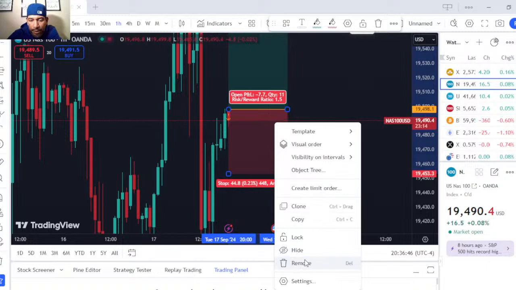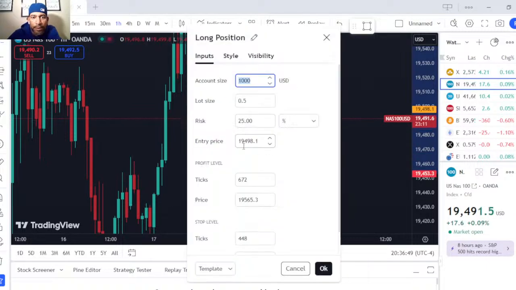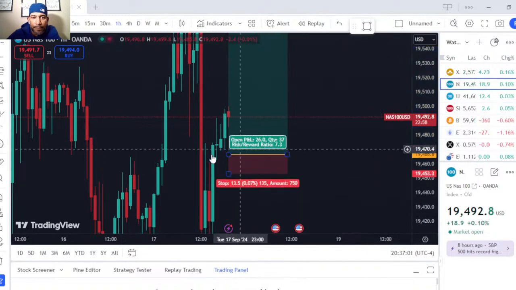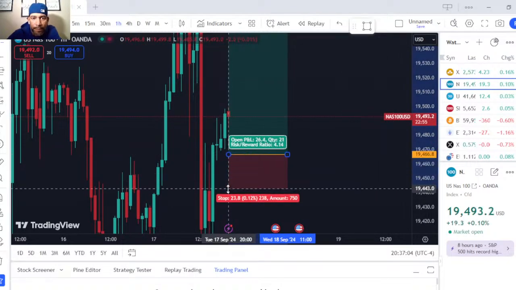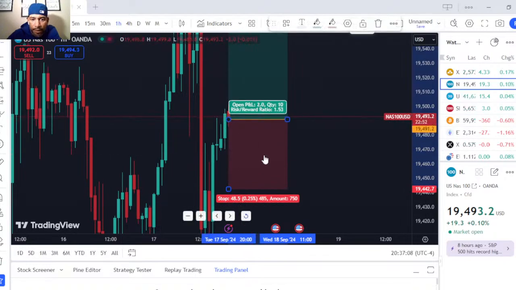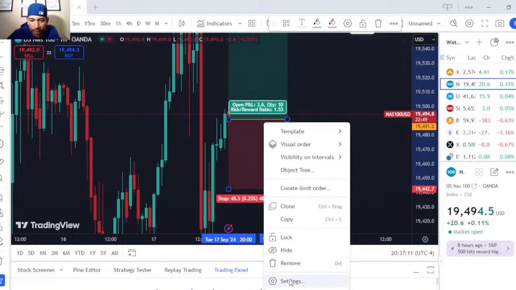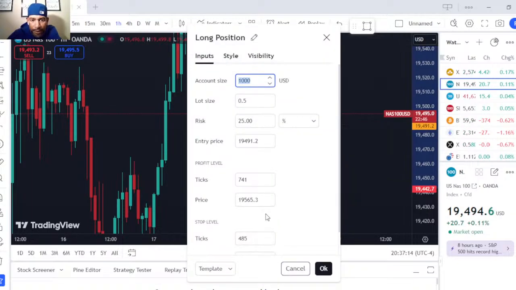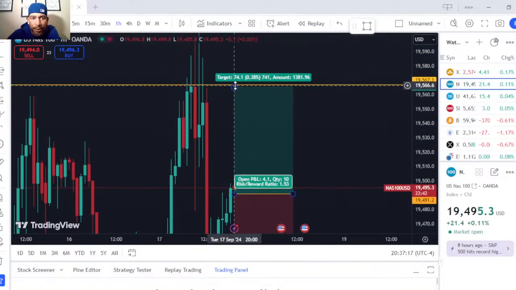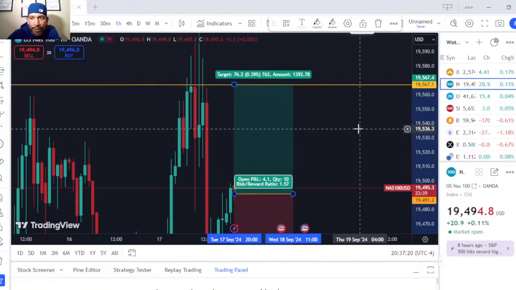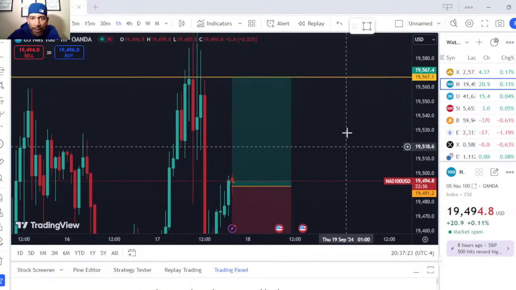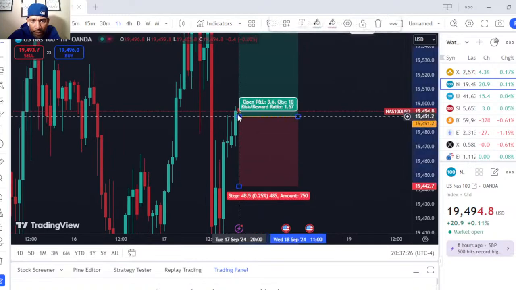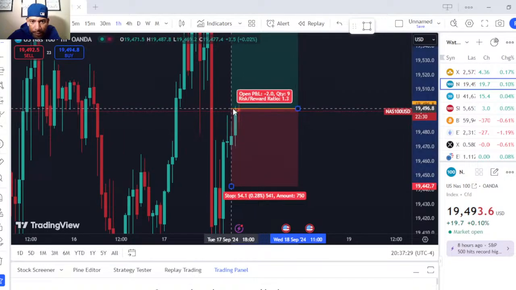Let me get the stops first. I'm definitely targeting the top of the range here. So at 19567 will be the TP, and my entry was right at the top of this right here.